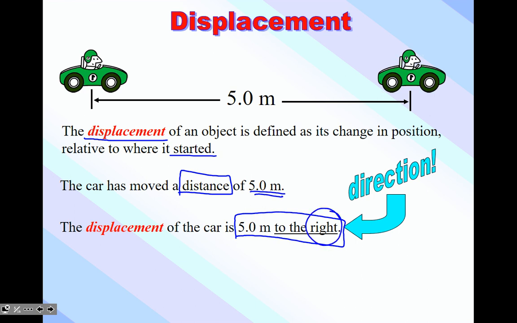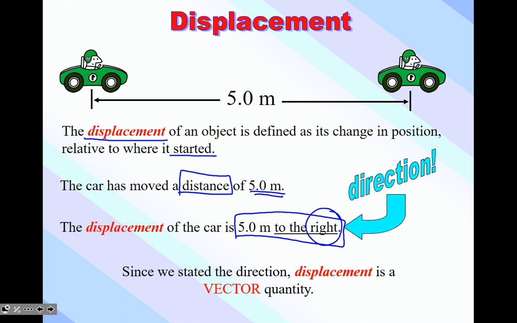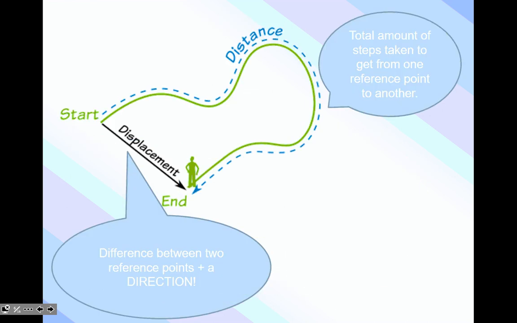Here we have the direction. Since we stated the direction, displacement is also a vector quantity, whereas distance is a scalar quantity, and position is also a vector quantity.